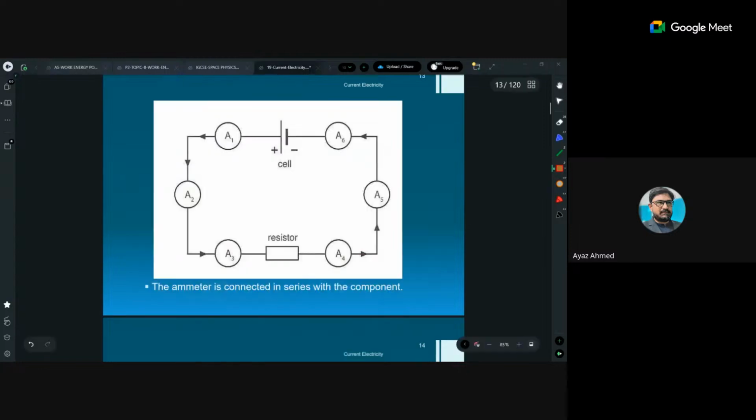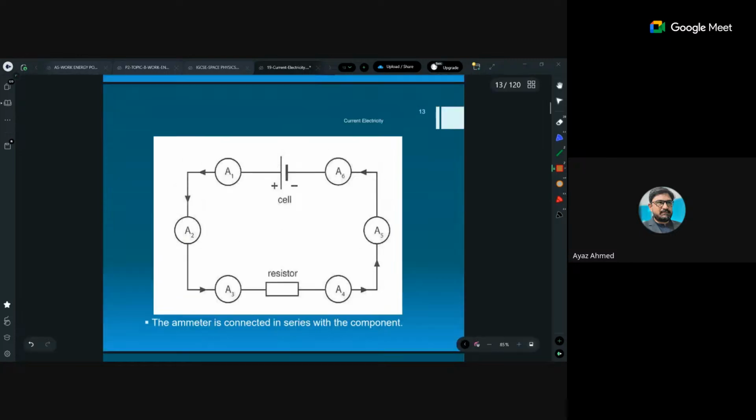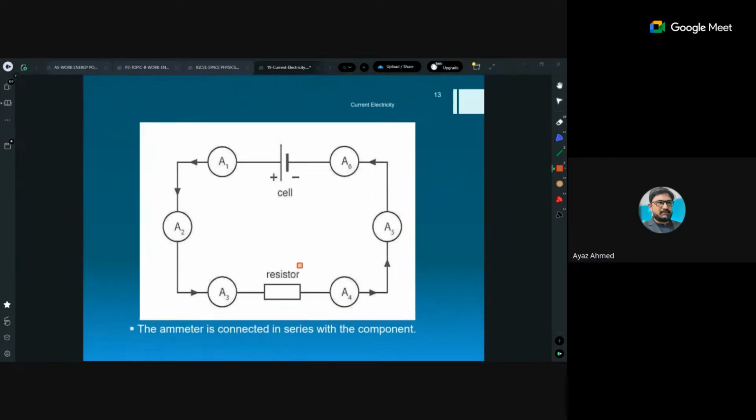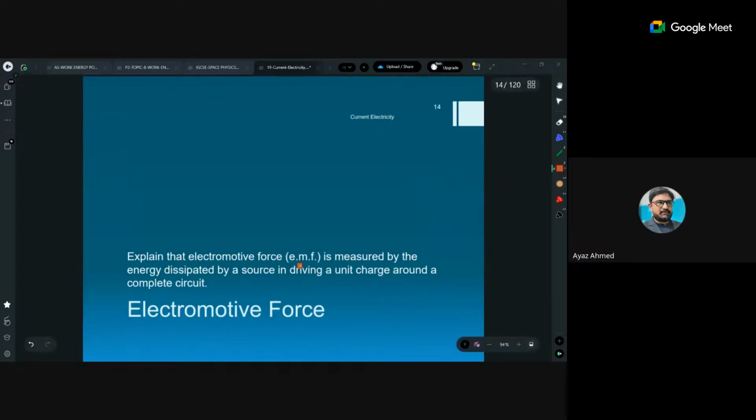It is sensitive. Now you see, if I have all the ammeters in series, all of the ammeters will read the same current. This is the beauty of an ammeter. All ammeters A1, A2, A3, A4, A5, A6, all currents would be the same in series. So in series, current remains the same. Okay?